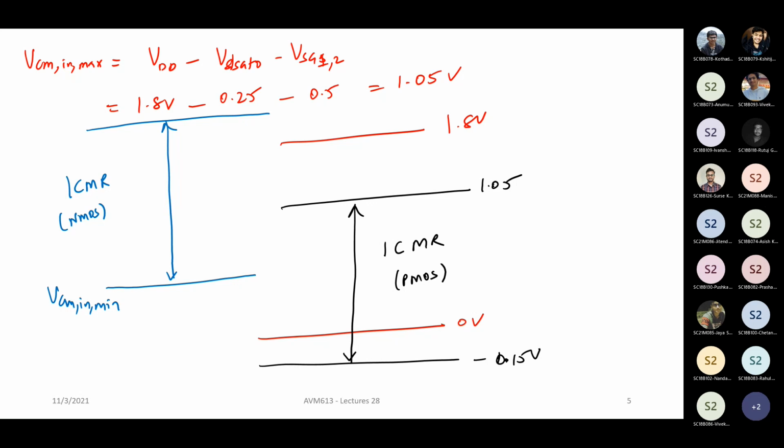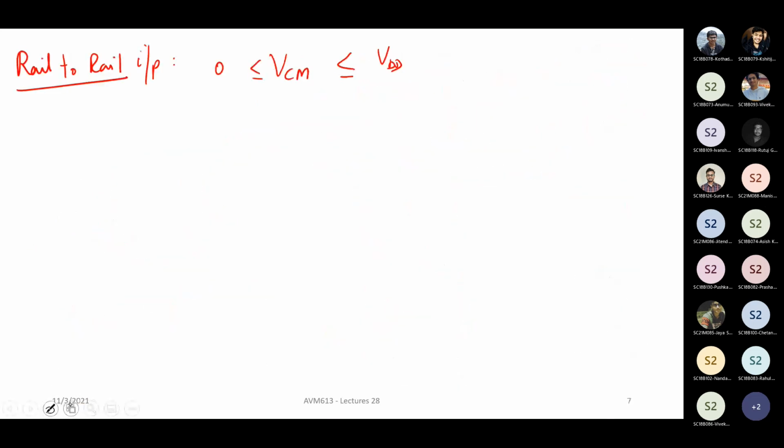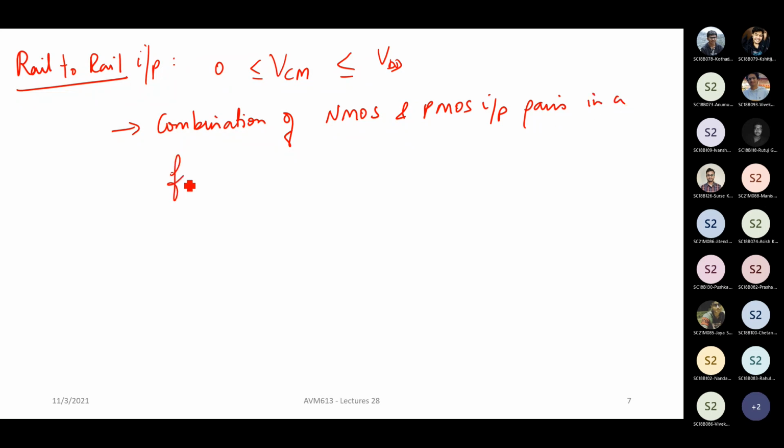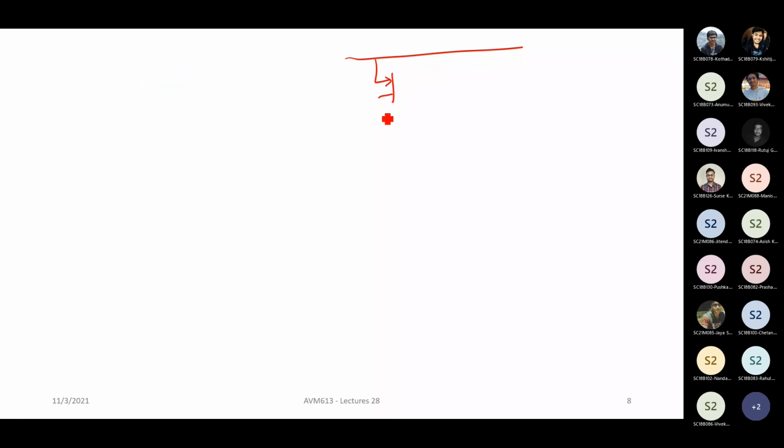So a rail-to-rail op-amp basically is a combination of NMOS and PMOS input pairs in a folded cascode OTA. All right. So maybe I'll just quickly try to draw.